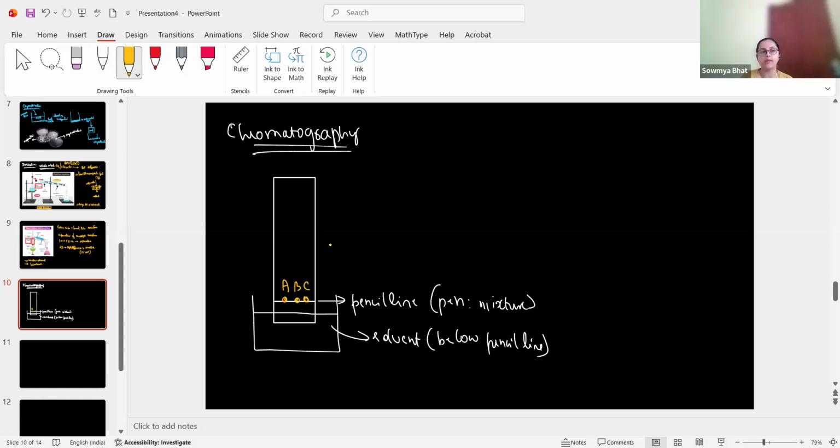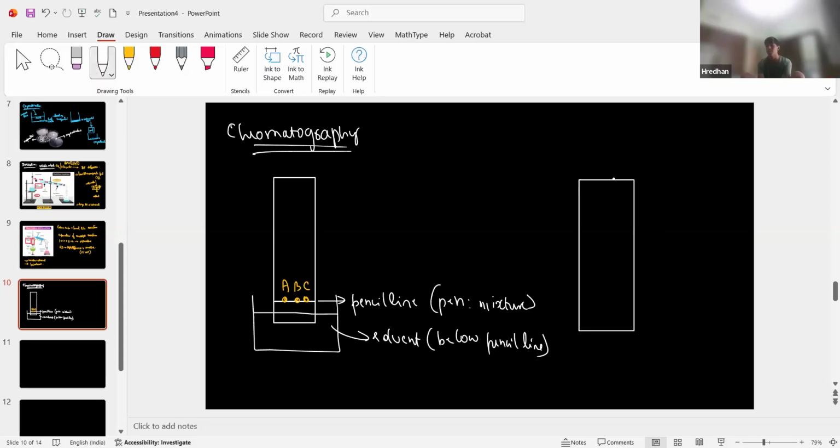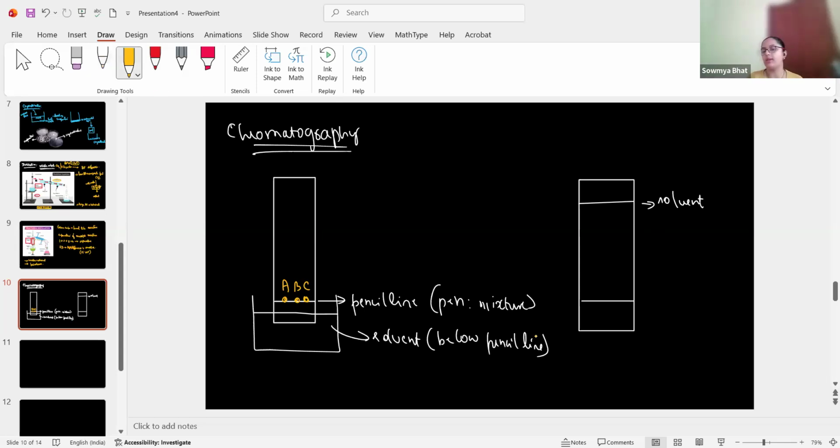Let's consider A, B, C, and after the experiment you are going to take it out and check. Let's consider this is the place where the solvent moved, and I have put A, B, C. A has moved here, B has created three spots, C didn't move at all.